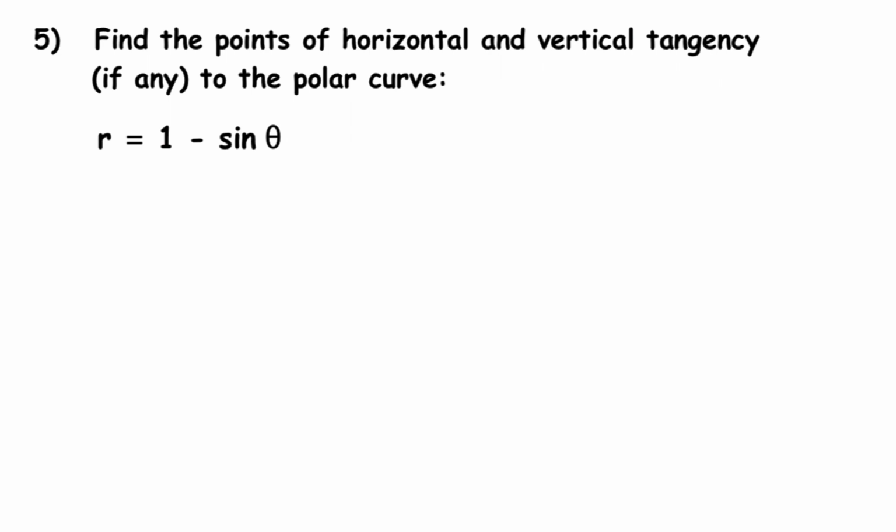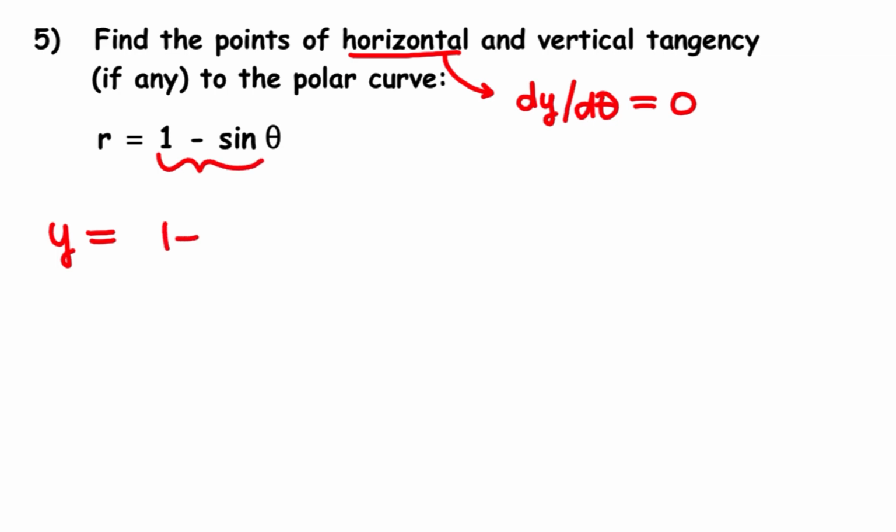All right, we're going to go ahead and find the points of horizontal tangency and vertical tangency to the following polar curve. We'll start off with the horizontal tangents. In order to have something be a horizontal tangent, dy/d theta has to be 0. Let's go ahead and find y. Y, of course, is r sine theta. But we know what r is, so r times sine of theta.